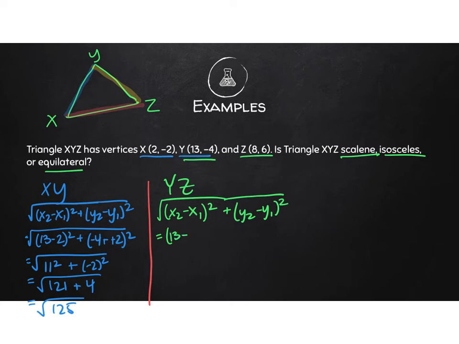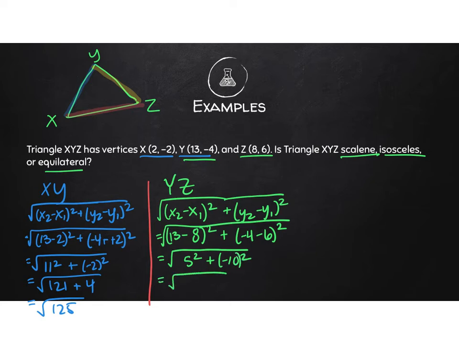So 13 minus 8 squared plus negative 4 minus 6 squared. Can't forget the square root. Now let's simplify. So we have the square root of 5 squared plus negative 10 squared results in the square root of 25 plus 100, which is the square root of 125. Again, 125 is not a perfect square, so I can leave it like this for now.